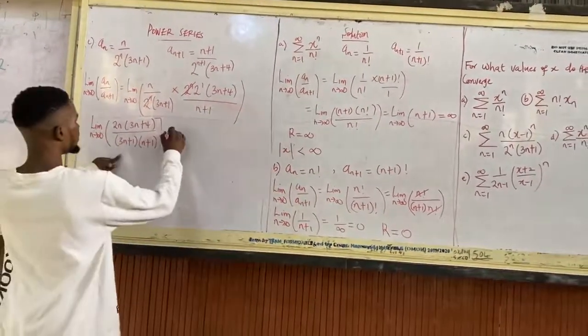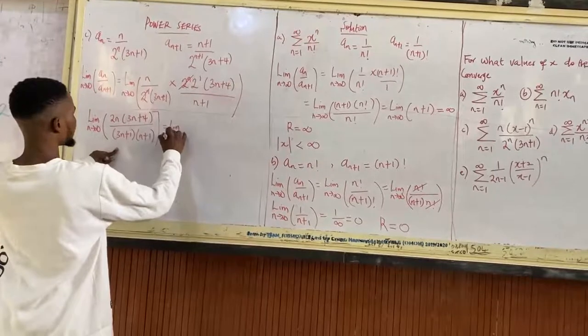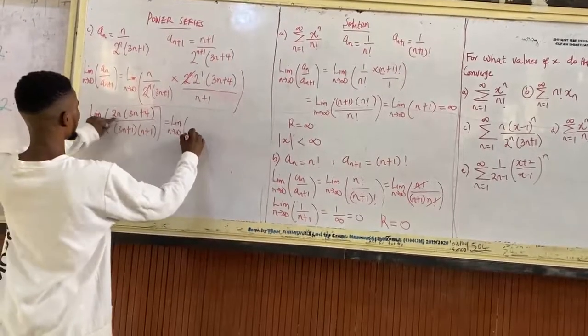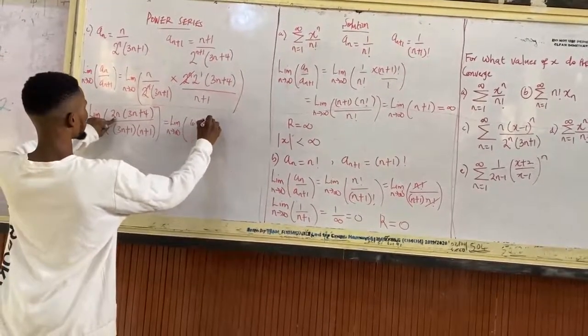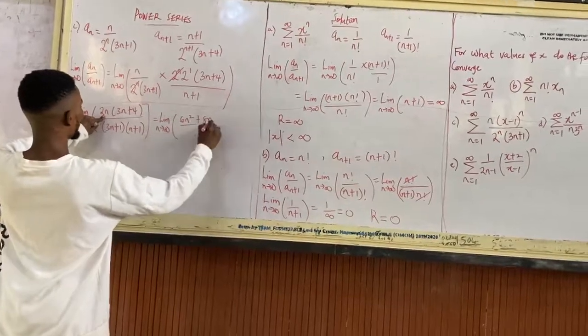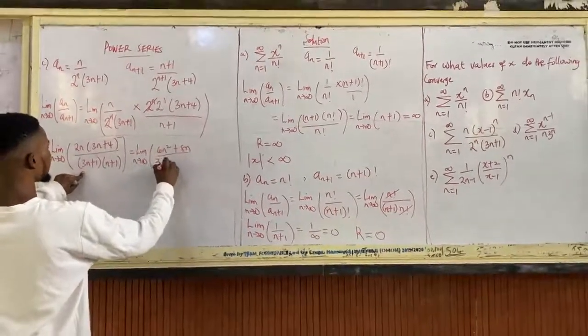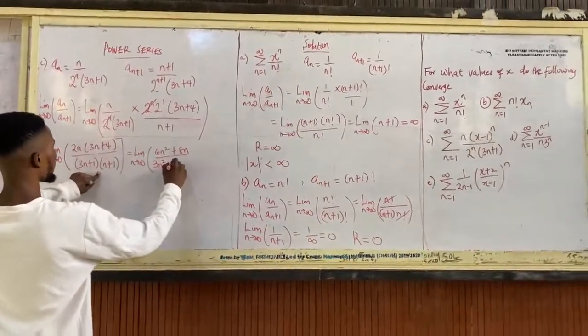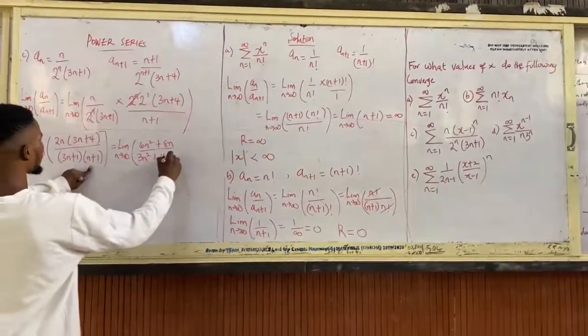So that's the limit as n tends to infinity of 6n squared plus 8n all over 3n squared plus 3n plus n, that's plus 4n, plus 1.